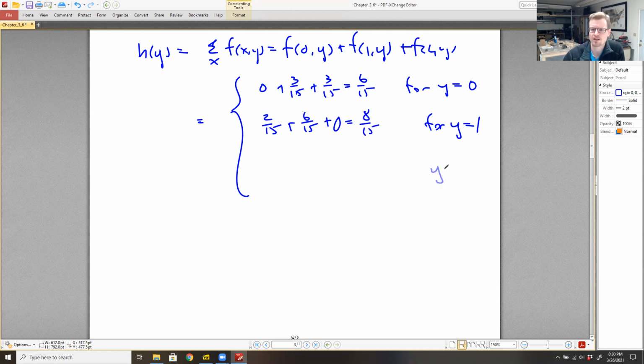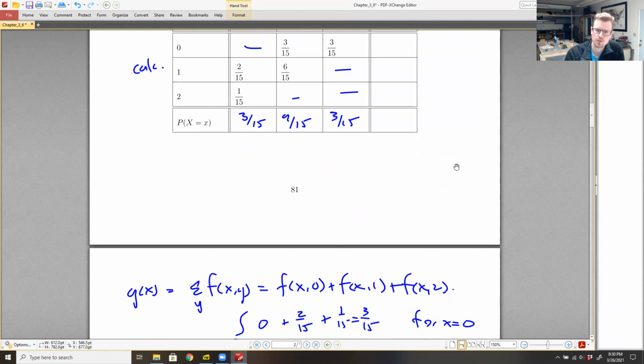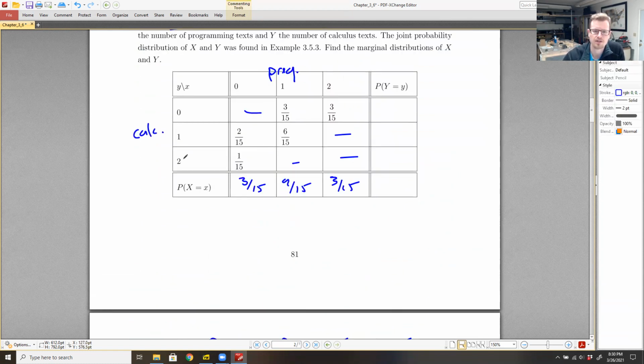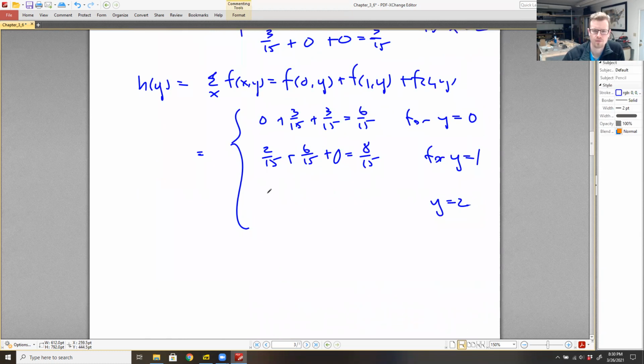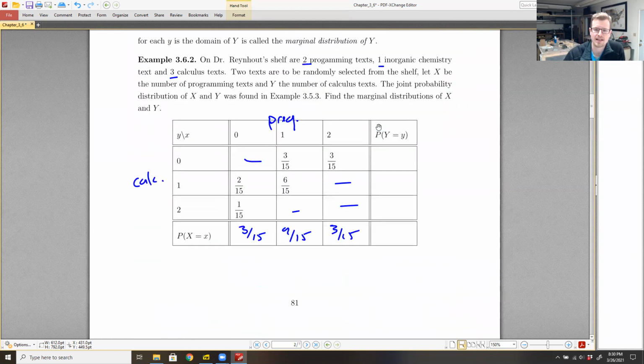And then for y equal to 2, we would get f of 0, 2 plus f of 1, 2 plus f of 2, 2. So this is the marginal distribution of y. And of course, again, we could see that in the table as well. 3 plus 3 is 6. 2 plus 6 is 8. And 1 plus 0 is 1. So that is the marginal distribution of x and the marginal distribution of y.